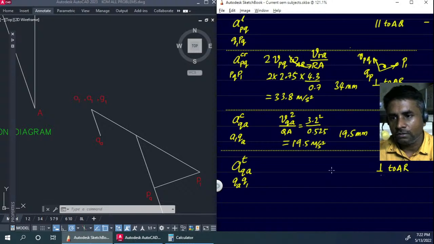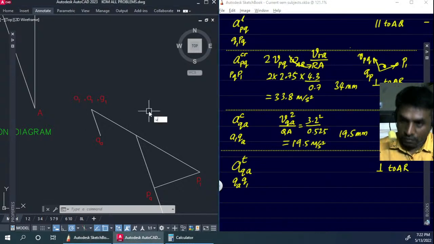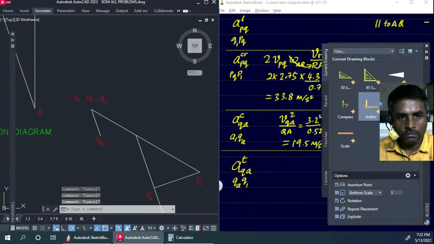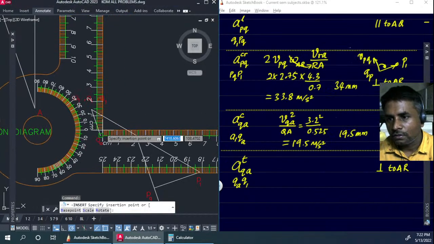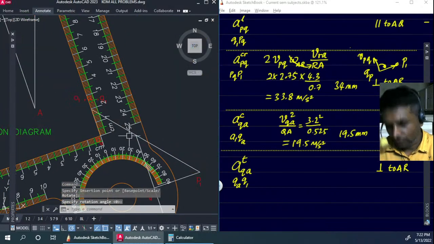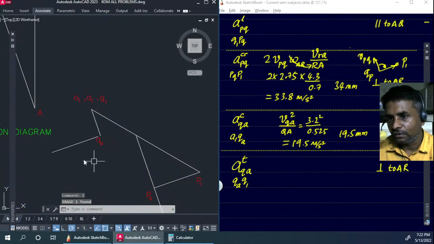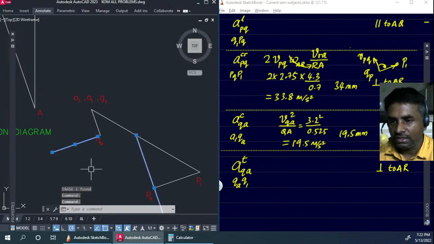We know it's perpendicular to AR, so we'll take it that way, in this direction. So this is the direction of the other acceleration. Now these two lines need to both be extended till they meet at a common point. The common point between them is Q1.